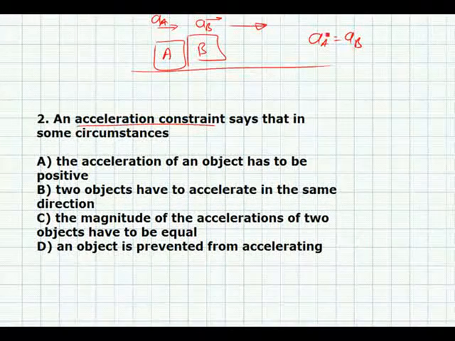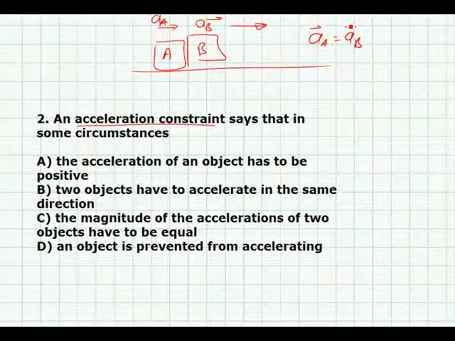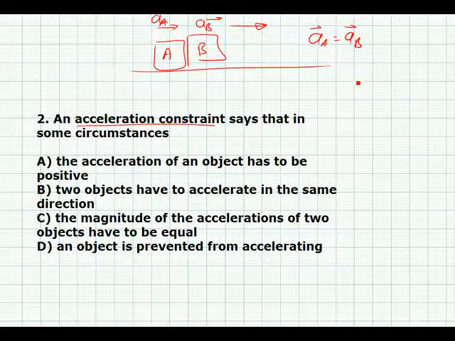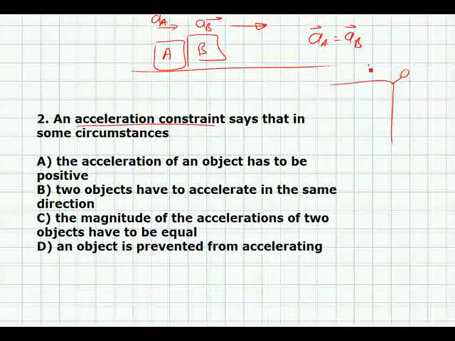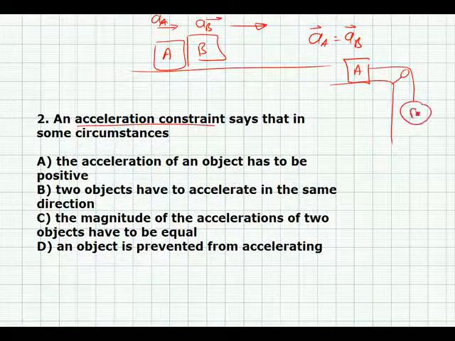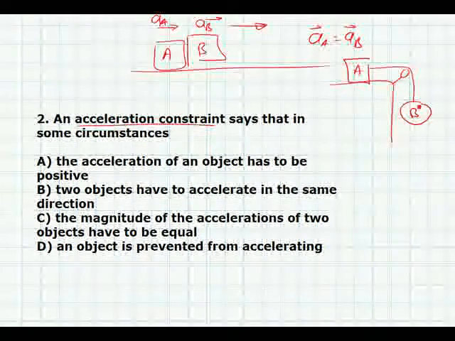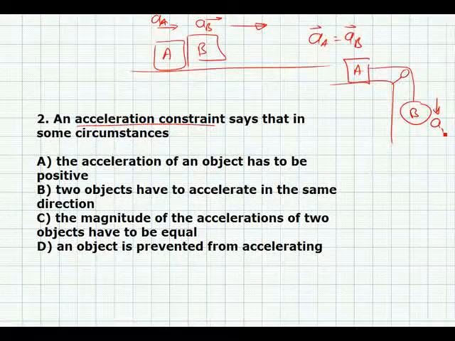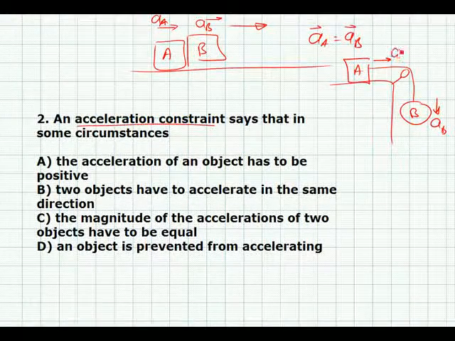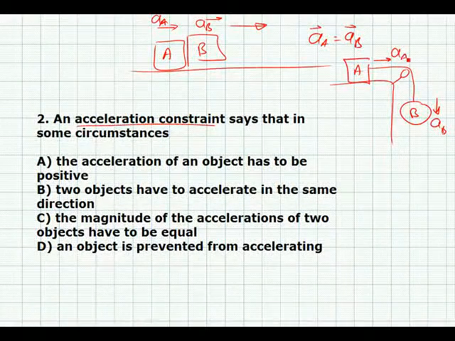In this particular case, of course, the directions are the same as well, but as we saw in some examples, for example, if you have object A being pulled by object B by a string in a pulley system, then the acceleration of B is downwards while the acceleration of A is to the right.